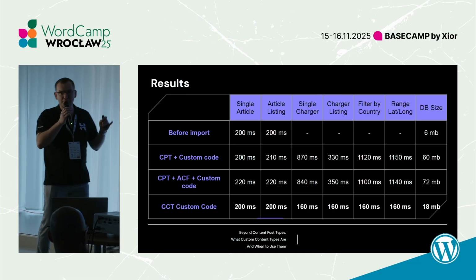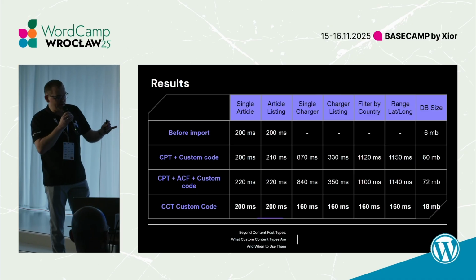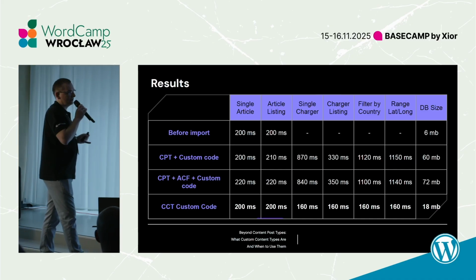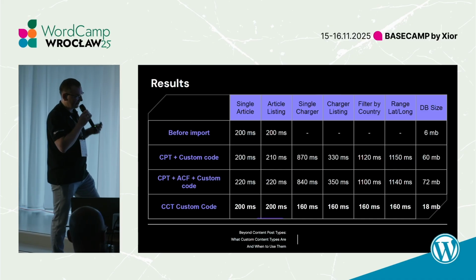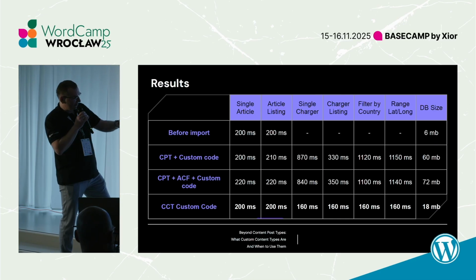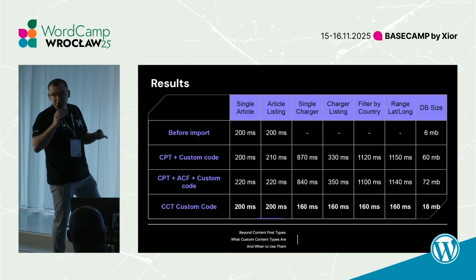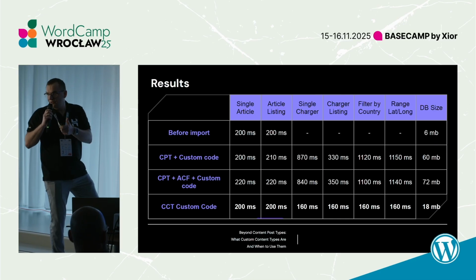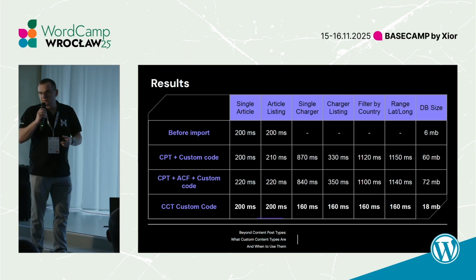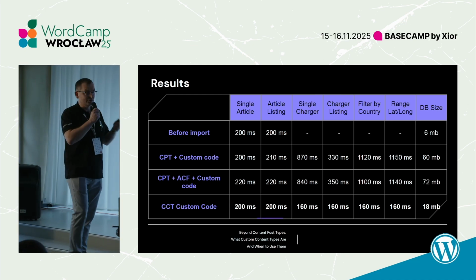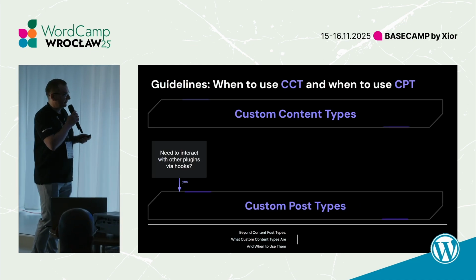It's much faster. Also, the database is much smaller. Why is it even faster than the custom post type? Because it does not use any filters and other overhead from WordPress. So that's why it's so fast.